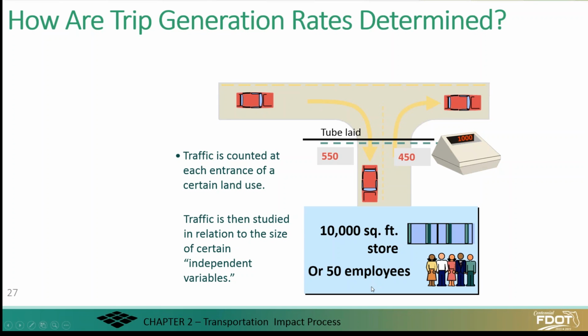Now let's work with another independent variable, which for this development is the number of employees. We have 1,000 trip ends and 50 employees. 1,000 divided by 50 gives us 20 trips per employee.